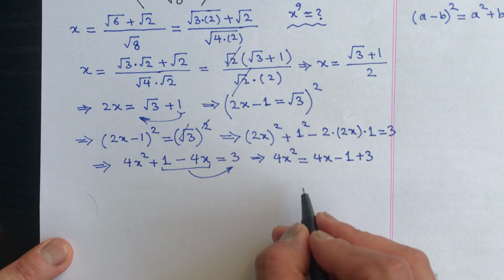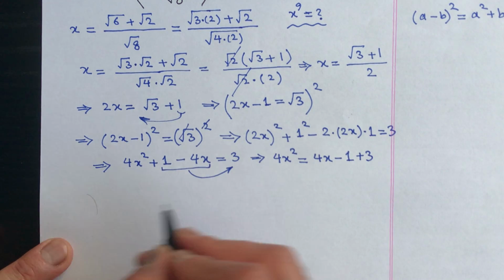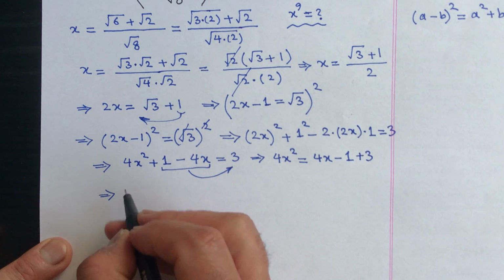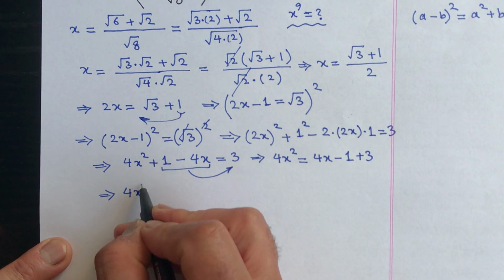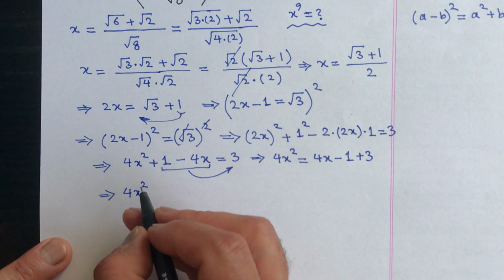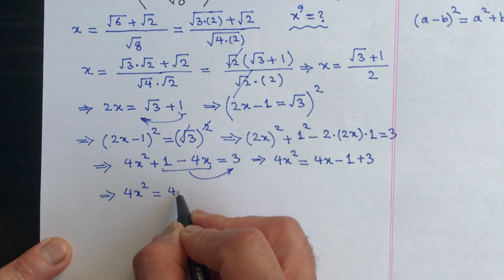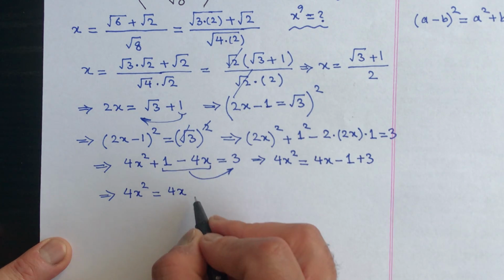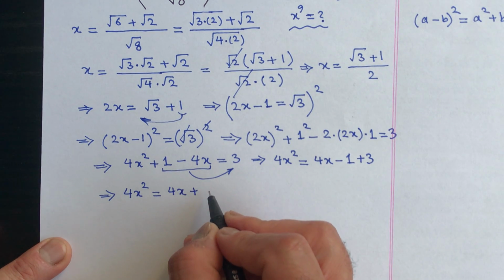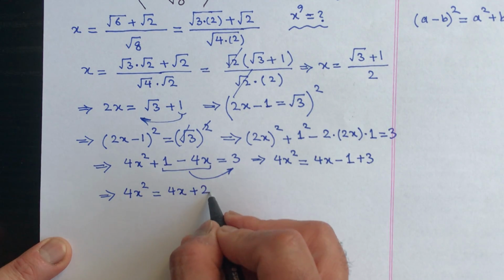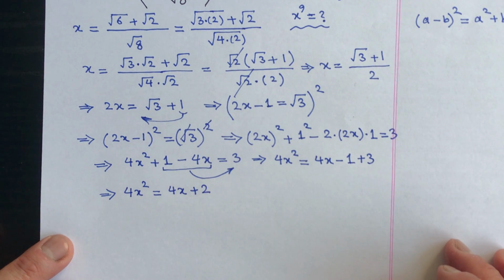Now here I can write 4x squared equals 4 times x plus 2. Minus 1 plus 3 is plus 2.